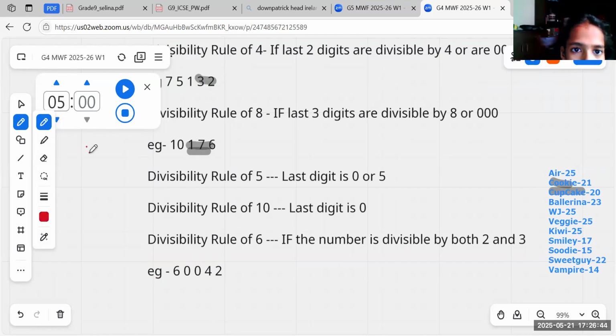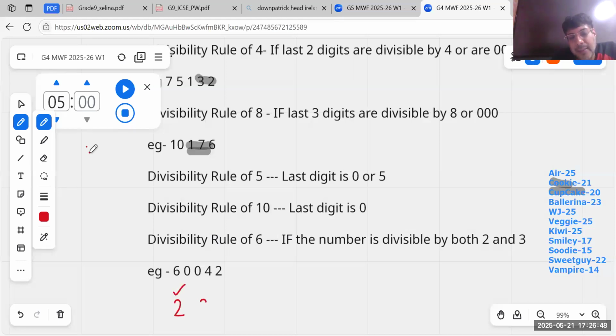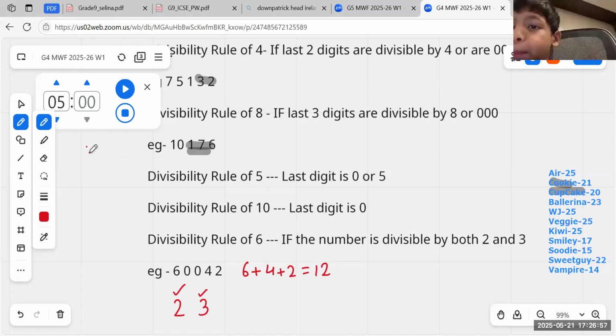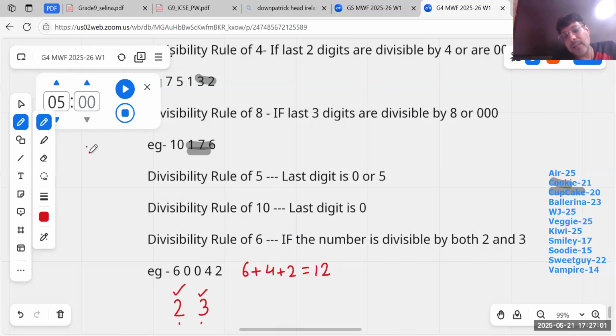It is divisible by 2 also and 3 also. Why by 3? Because 6 plus 4 plus 2 is 12, and 12 comes in the table of 3. So because it is divisible by 2 and 3 both, it is divisible by 6.